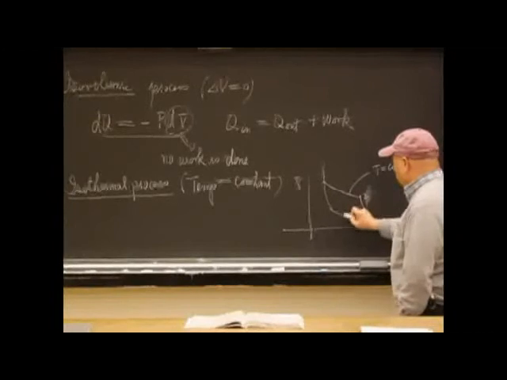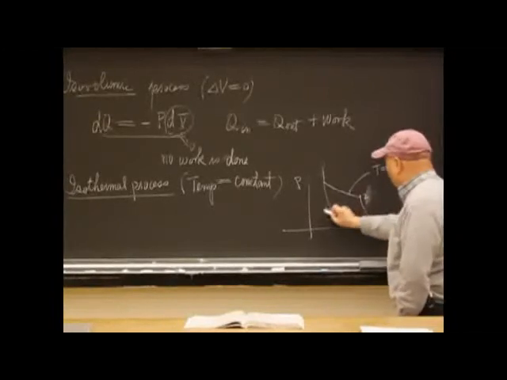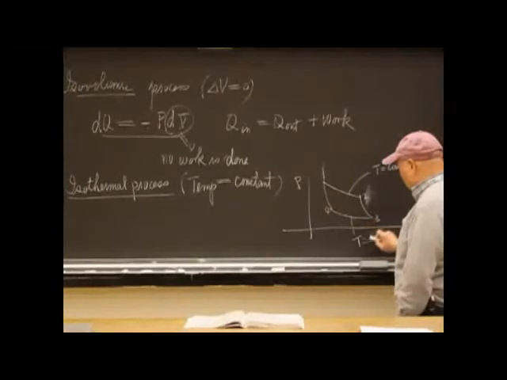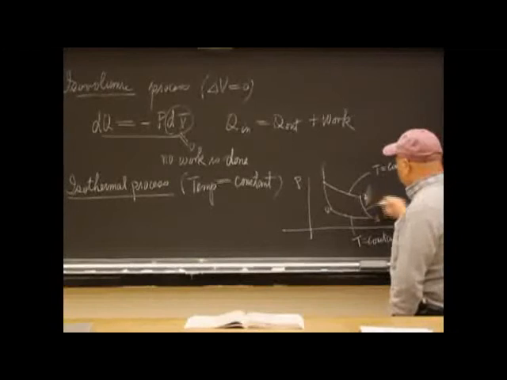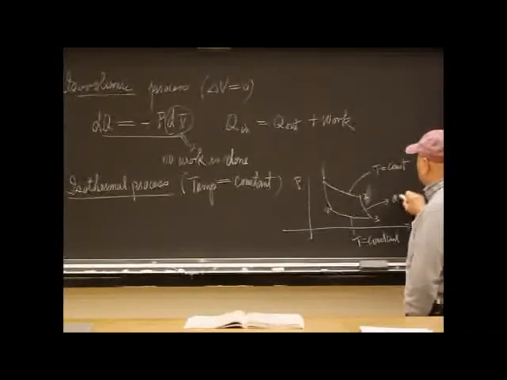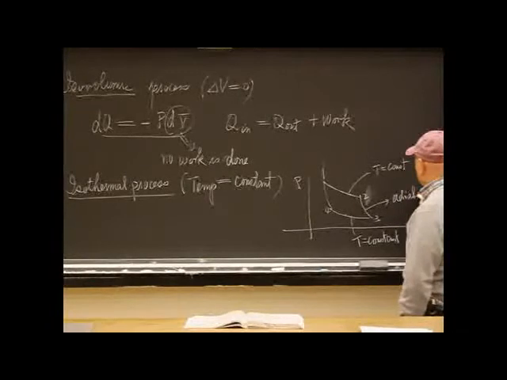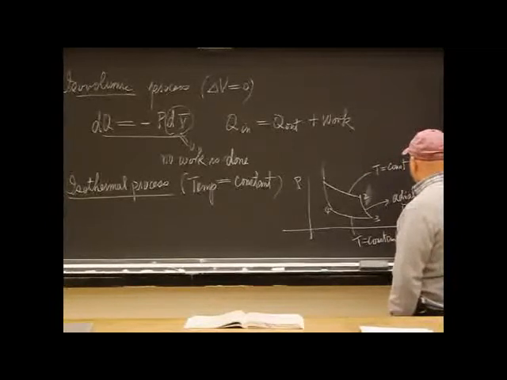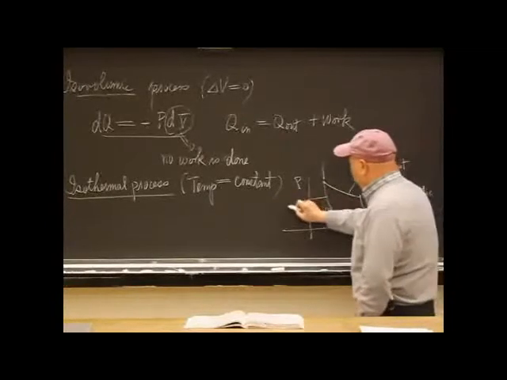And from 3 to 4, T is equal to constant. And then from 2 to 3 is called the adiabatic process, and in here is also an adiabatic process.